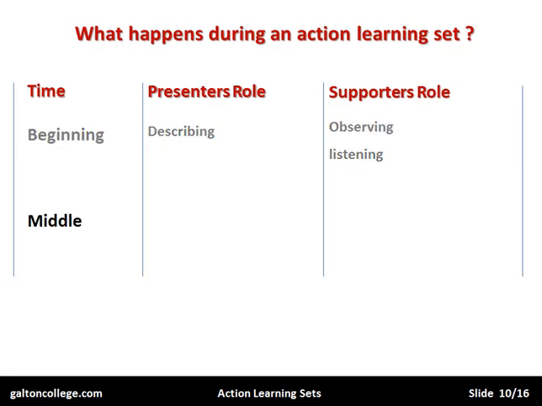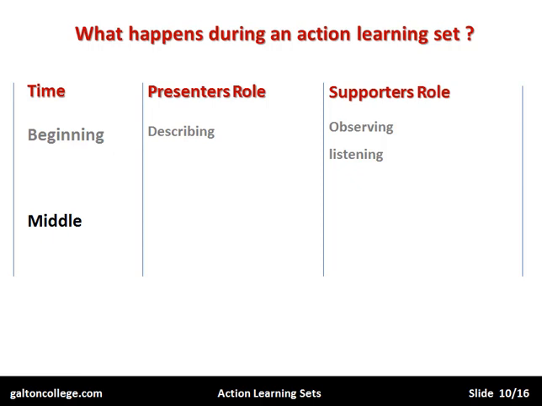Then we move to the middle. So we see the learning set as having a beginning, a middle, and an end. So moving to the middle of this, in other words, the set has been formed, its membership has now been determined, the brief as to the nature of the problem has been presented, the supporters within the set observe the problem firsthand, and they also listen to a description of the problem, so they are now briefed on the nature of the problem.